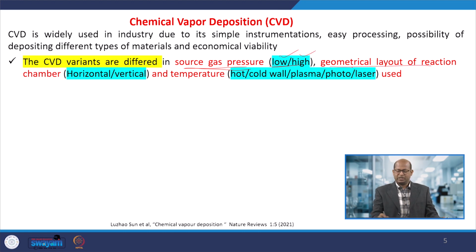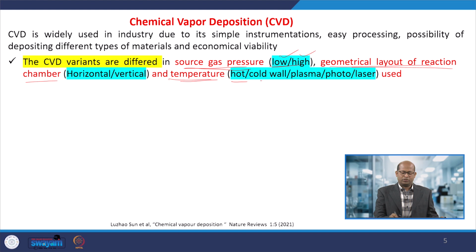Also, the geometrical layout of the reaction chamber, the reactor we use for this particular CVD process, may be horizontal, vertical, or at some inclined angle. Depending upon that, we can classify different types of CVD methods or variants. Then temperature is one of the parameters for the CVD process.